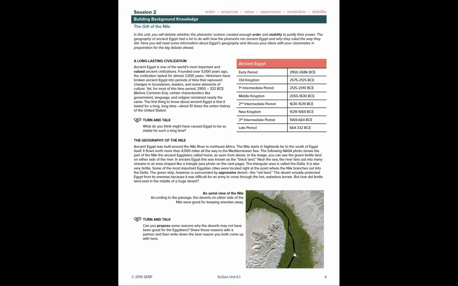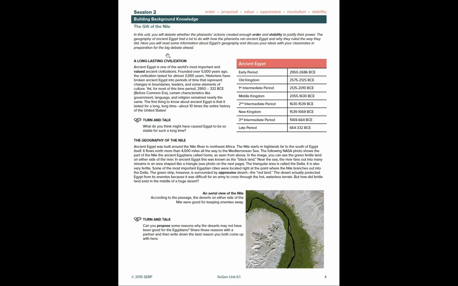You can see how green it is compared to how sandy and blasted the desert is. And this image really helps drive home for me this paragraph, which is all about the difference between the beautiful, fertile land near the Nile that was called the Black Land, and then the oppressive desert known as the Red Land.